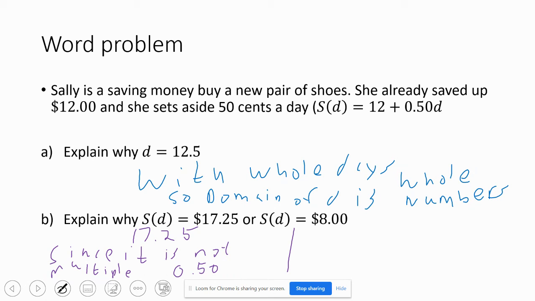And why is $8 not part of the range? Because she's starting with $12, and $8 is less than $12. So you're not looking at when she had less than $12. Okay? Hope that was helpful.